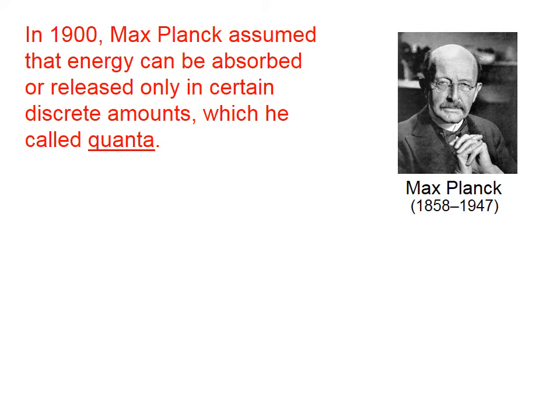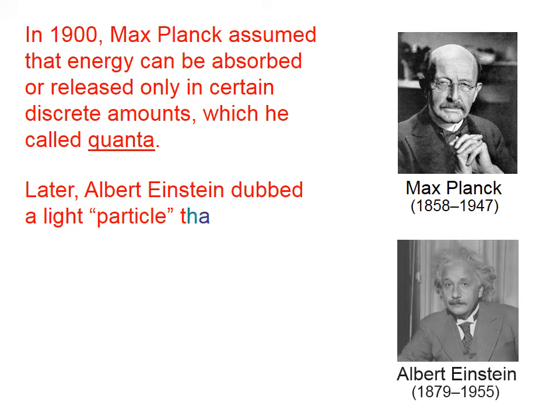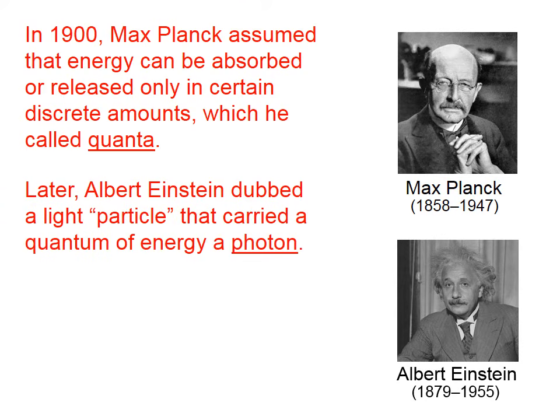It's not allowed with regard to a supermarket. Planck assumed that light also came in discrete chunks, that there were certain allowable values and any value in between was not allowed. Later, Albert Einstein dubbed a light particle that carried a quantum of energy a photon.